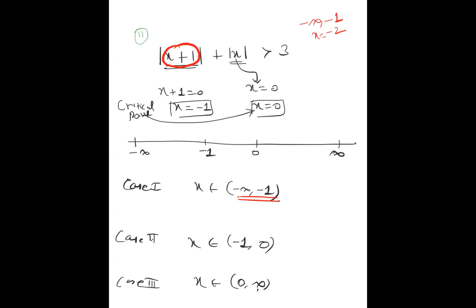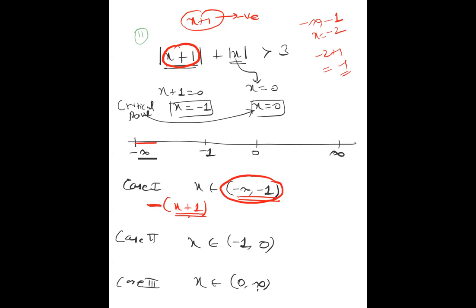If I put minus 2 in the first bracket, minus 2 plus 1 is what? A negative number. That means x plus 1 totally is a negative number, right? When x is less than minus 1, mod x plus 1 can be written as minus of x plus 1. Why? Because x plus 1 itself is negative, and another negative is required to make it positive, right? So we will write mod of x plus 1 as the negative of x plus 1 whenever x is in this range.